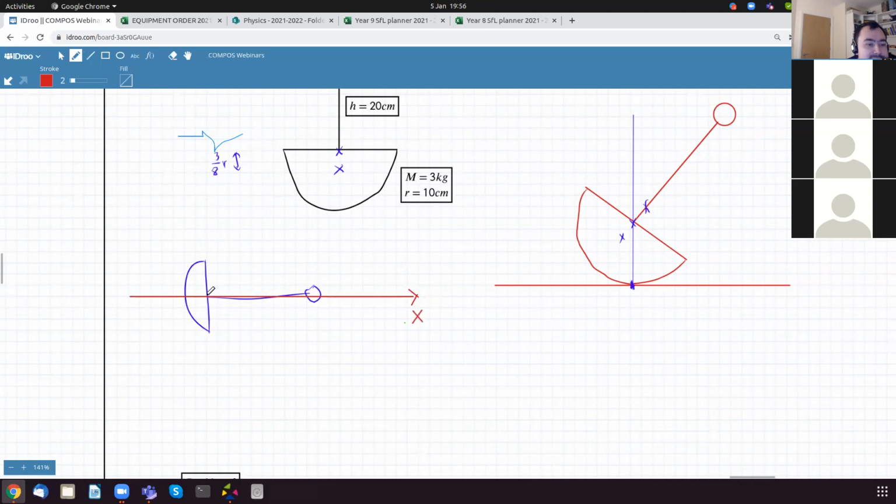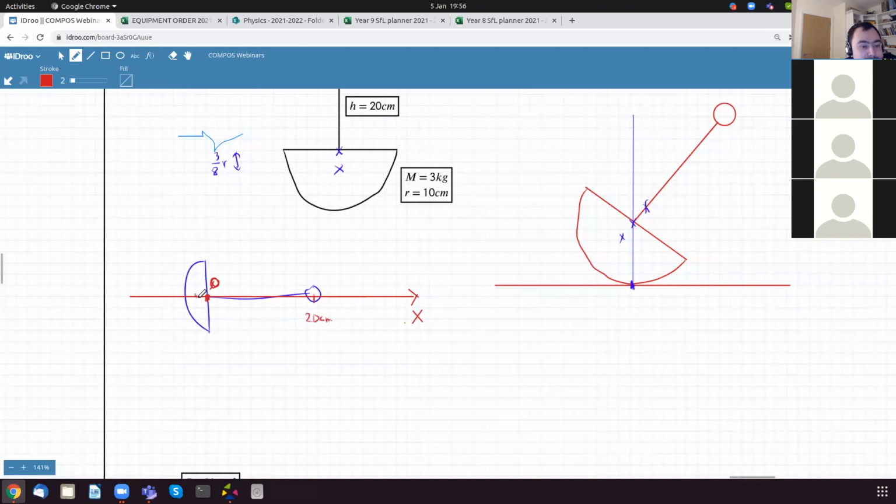I'm going to start the x-axis here at 0. You can start it anywhere you like, but I'm choosing this point. So this point is 20 centimeters. You can do it in centimeters, you can do it in meters. I'm going to choose centimeters, 20 centimeters.